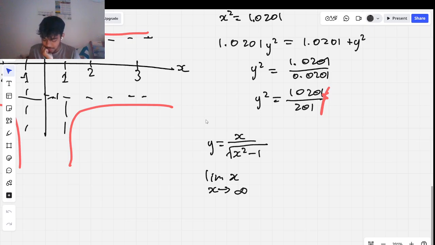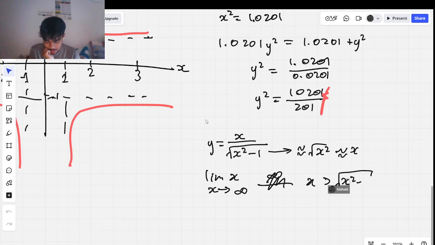Well, x is going to tend to infinity. Infinity squared, I mean, this is just close to this, which is for very large numbers almost 1, but x is always going to be greater than this. Therefore, this value is going to tend to 1.